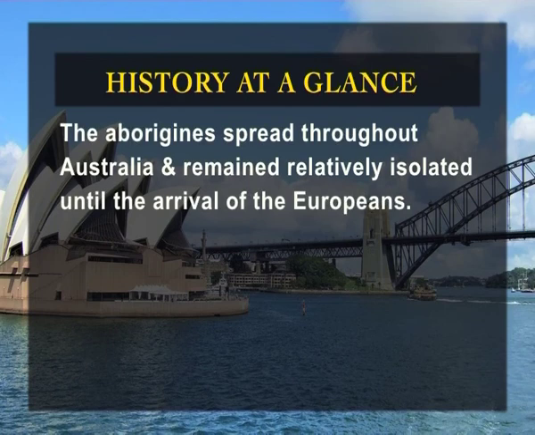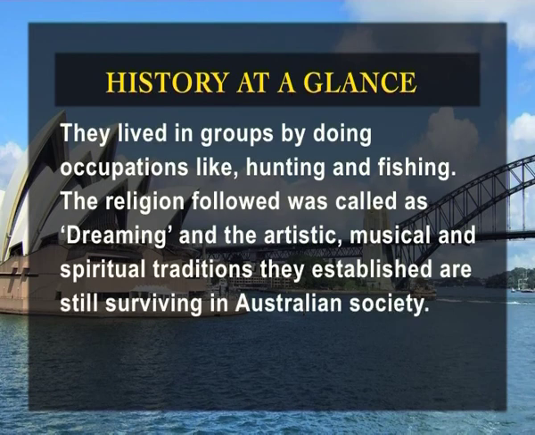The Aborigines spread throughout Australia and remained relatively isolated until the arrival of the Europeans. They lived in groups by doing occupations like hunting and fishing. The religion followed was called dreaming, and the artistic, musical and spiritual traditions they established still survive in Australian society.